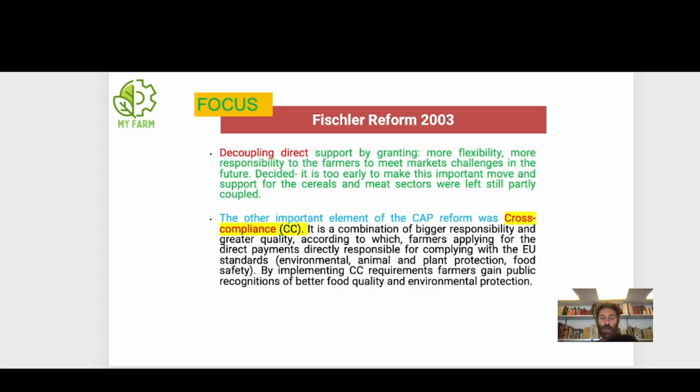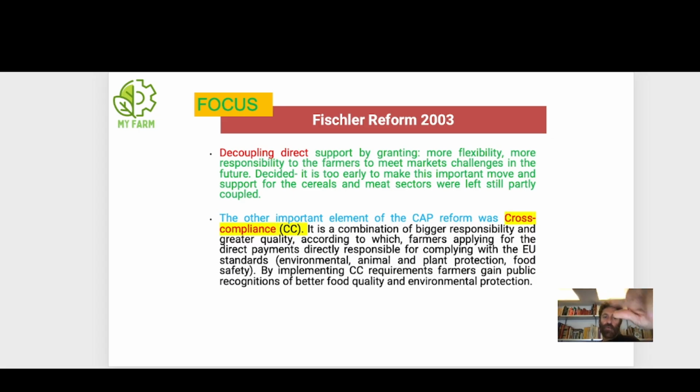support could guarantee you. The other aspect, which is very important to tackle the question linked to the environment, was the cross-compliance, because to receive the payment, farmers were required to adhere to a range of standards relating to the environment, food safety, animal health, welfare, and so on.